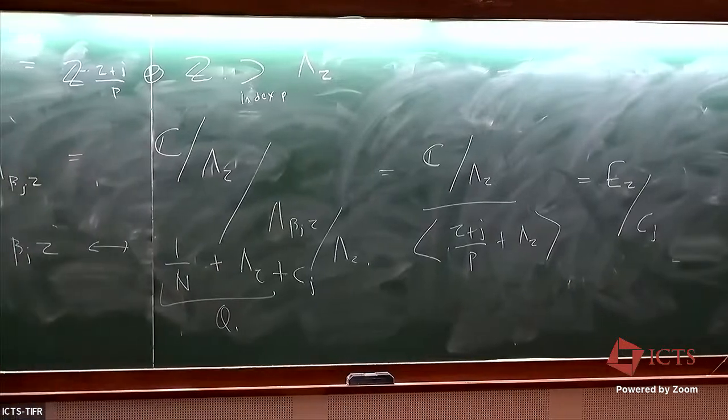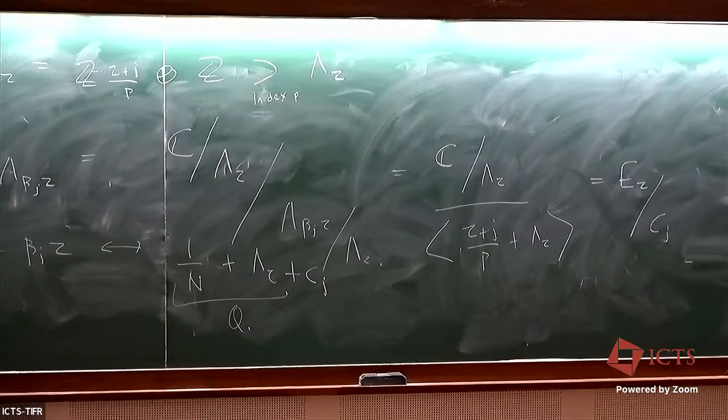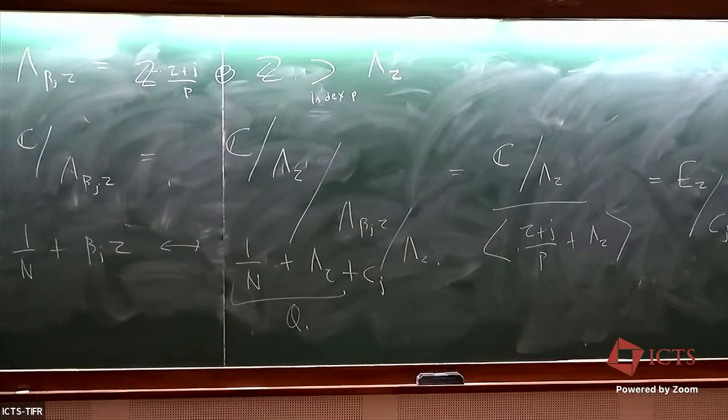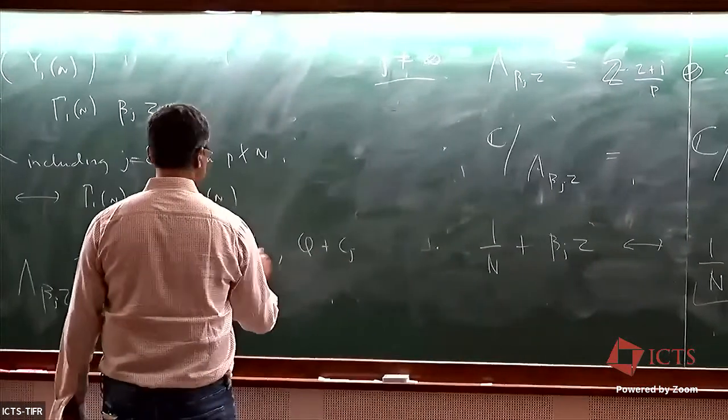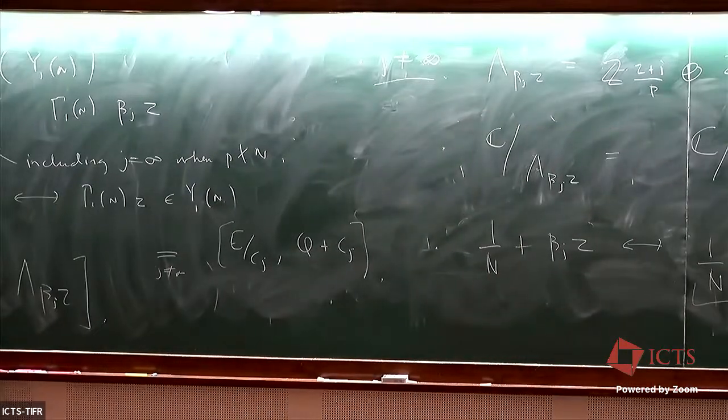Let's check things. So we have managed to show that the case j not equal to infinity is just E mod C_j, with the point Q plus C_j.